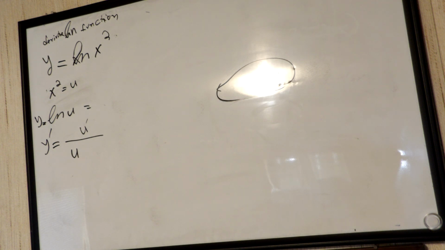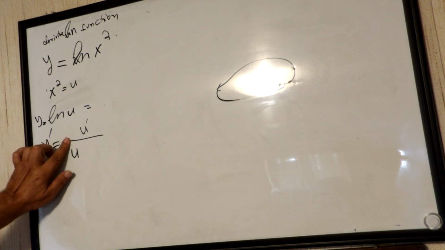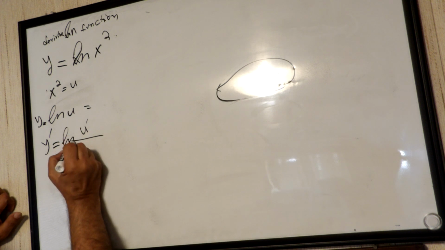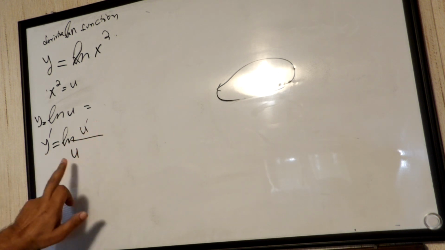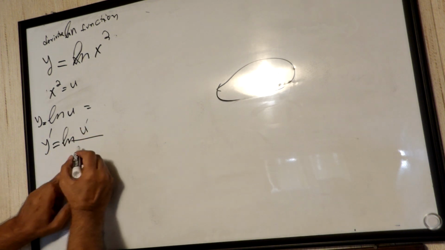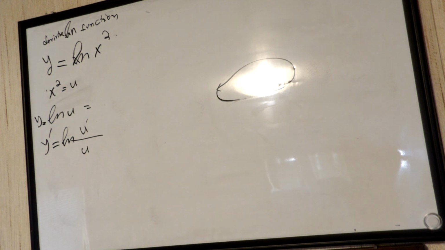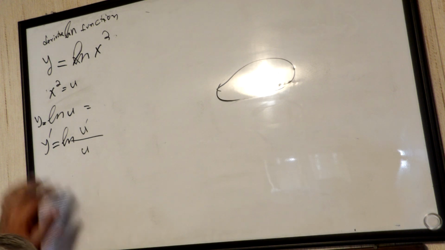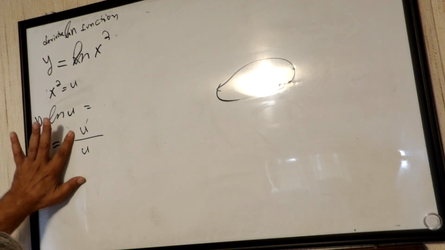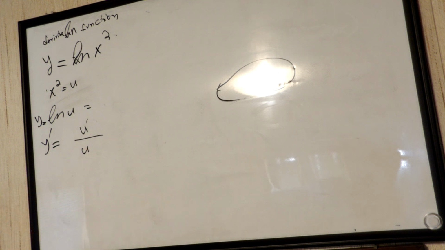So see, the derivative of ln u is u prime over u.